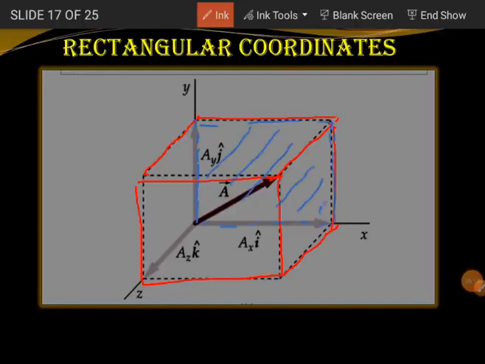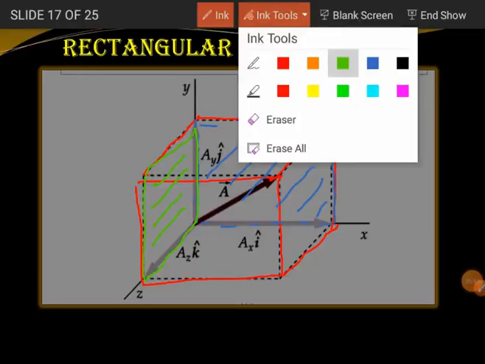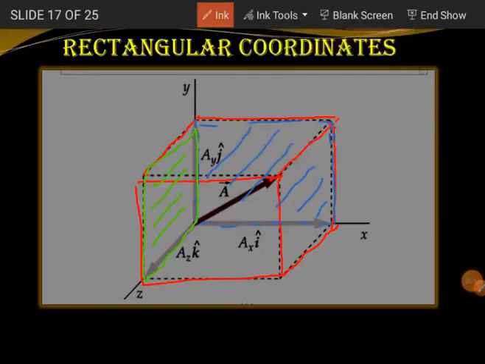Let me set it like this. And another portion is also there. Let me draw it with a green one. This side, this portion, you also cannot see. And another portion is also there. Which one? This one. Let me draw it with black.